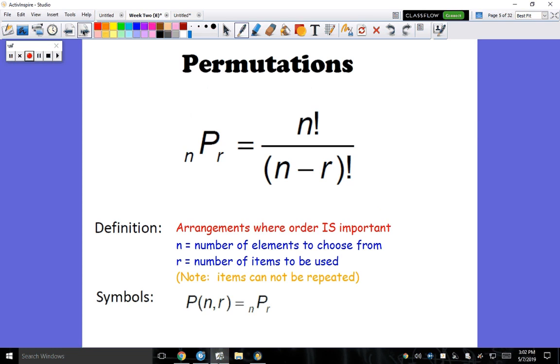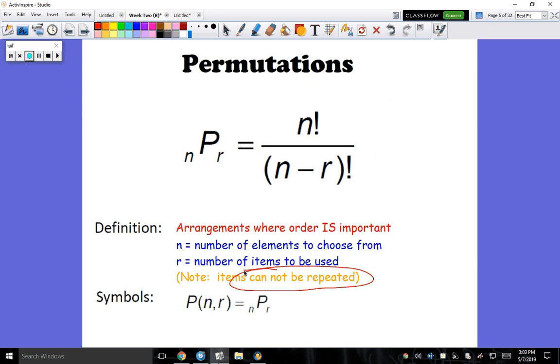Alright, permutations. Permutations, you can put this on your notes. A big thing that permutations and combinations have in common, they both are items that cannot be repeated. Okay? They can't be repeated.